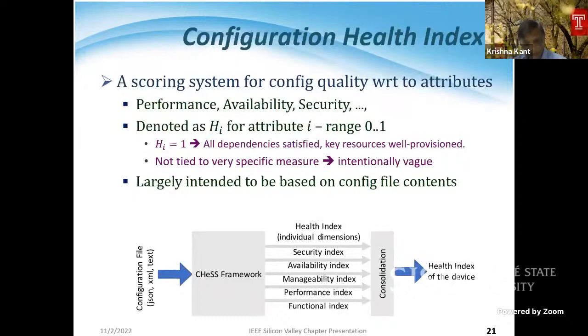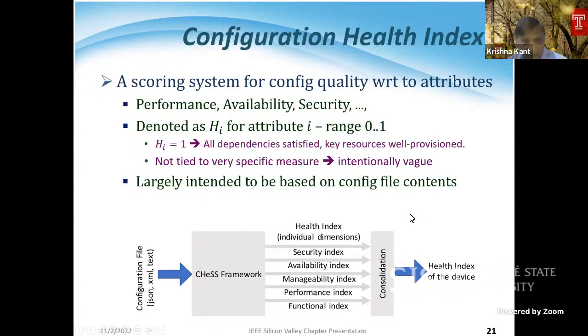Okay, let me move on now to the related problem, which is: can we, instead of talking about the real output, which could be performance or some measure of security or some measure of availability and so on, come up with some sort of a score or index, let's say in the range 0 to 1, which gives us a good idea about how good a configuration is.